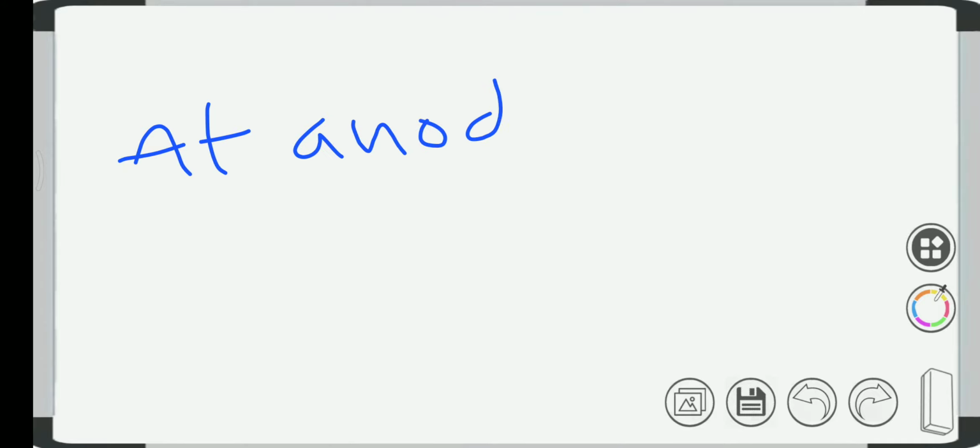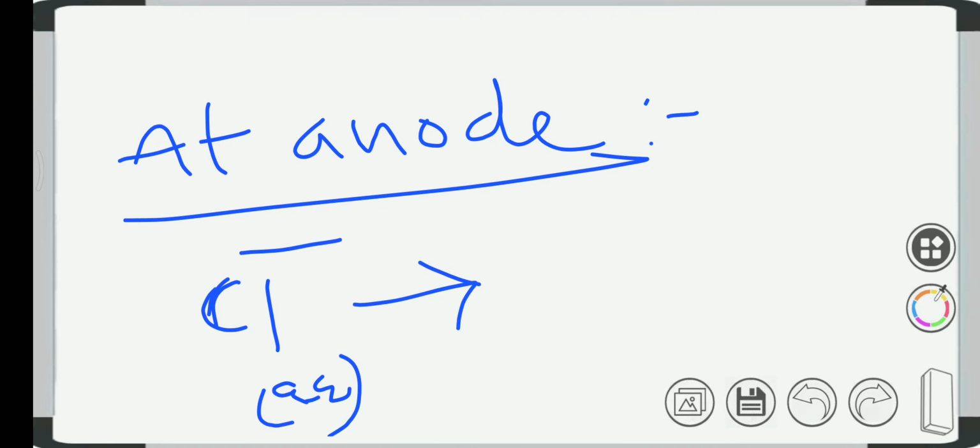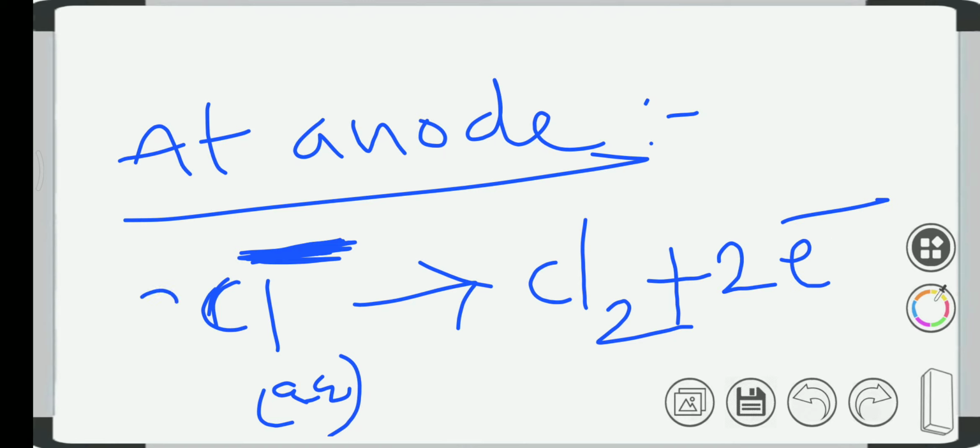At the anode in the electrolysis process, we have chlorine, which is a halogen. In aqueous solution, to separate out Cl minus, the negative charge, 2Cl minus gives Cl2 and 2 electrons, so 2 moles.